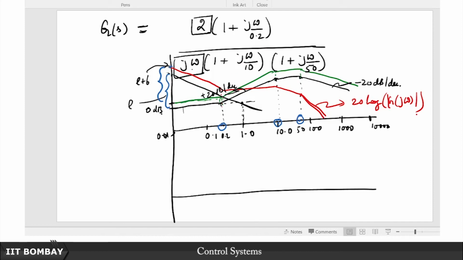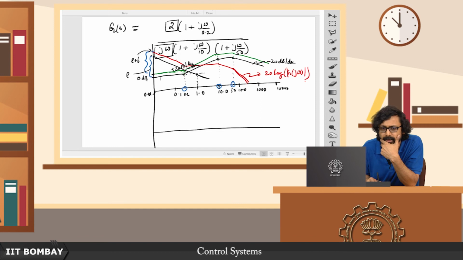If you have R integrators, then initially your slope will be minus 20R dB per decade. R could be 1, R could be 2, depending on the type of the system; R is the type of the system. So you start with that slope at very low frequencies, but where will the intercept be? That is still a crucial point, and it is not very obvious.